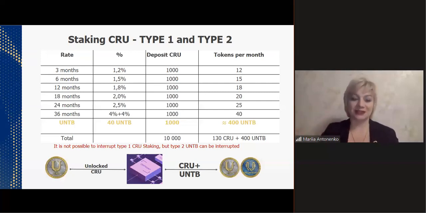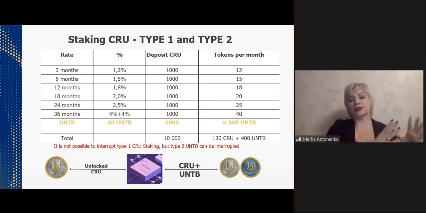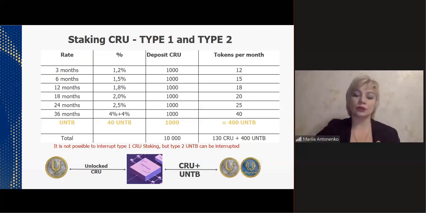And once a day, you can sell UNTBs on the exchange, everything that you mine from your staking. So that's what you're going to receive from UNTB staking. This is the difference: UNTB is mined every day, every hour, every minute, while CRU staking is once a month only.